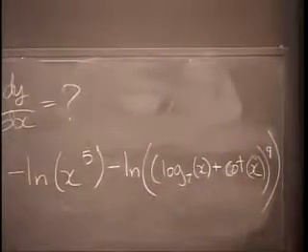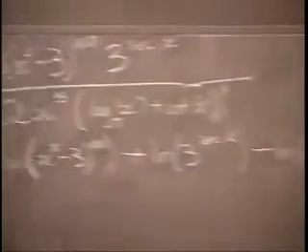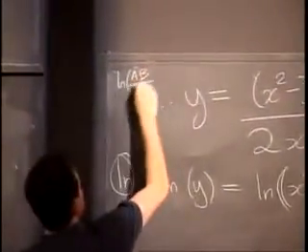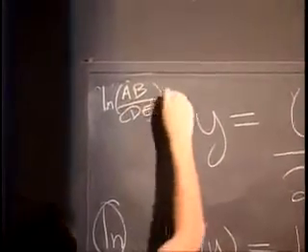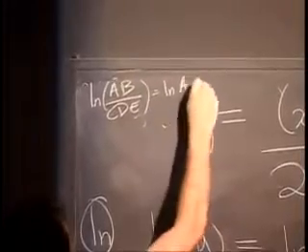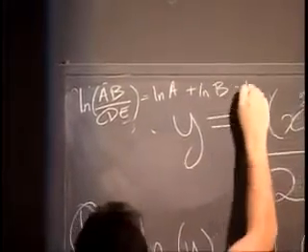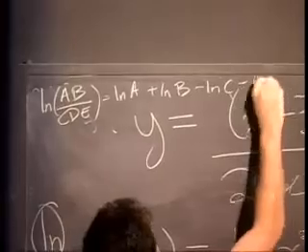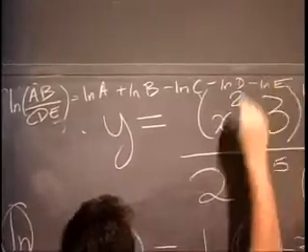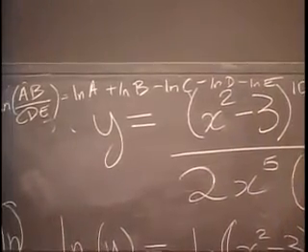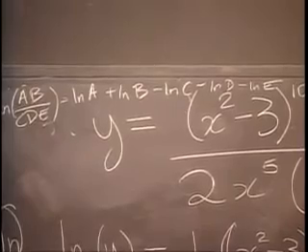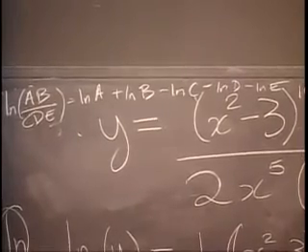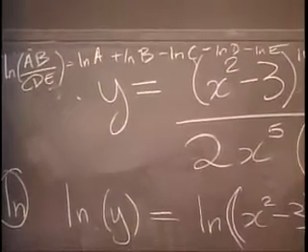Basically, all I've done is log AB over CDE is log A plus log B minus log C minus log D minus log E. I've squashed that up there because it's not a very useful formula to know, but that's basically what I've done. All right?